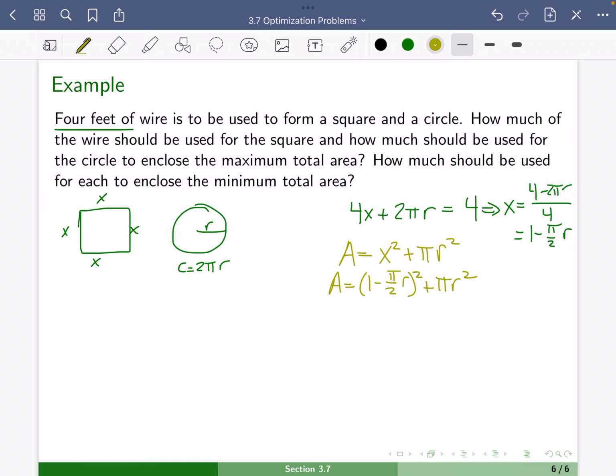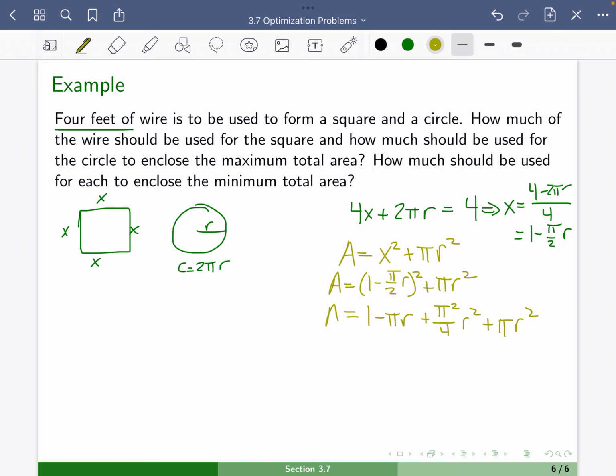If we were to FOIL this out so we can combine some like terms, foiling that out, we will have 1 minus pi r plus pi squared over 4 r squared plus pi r squared.